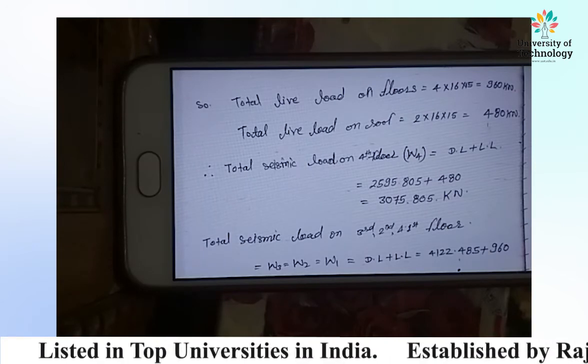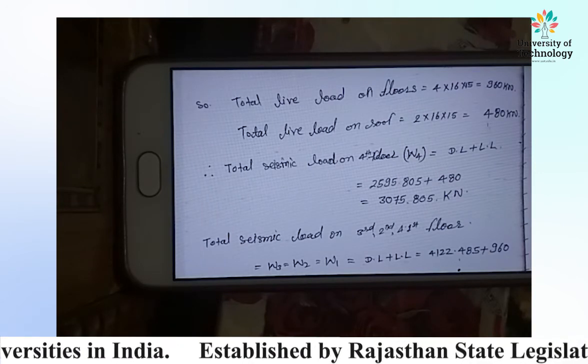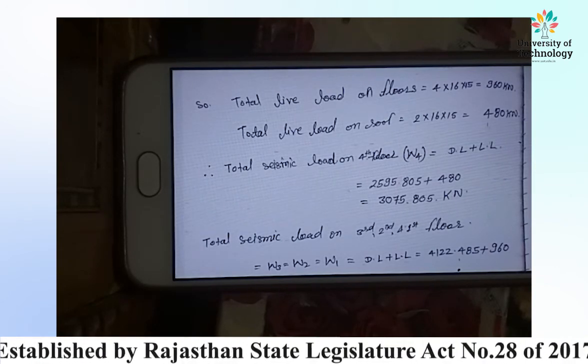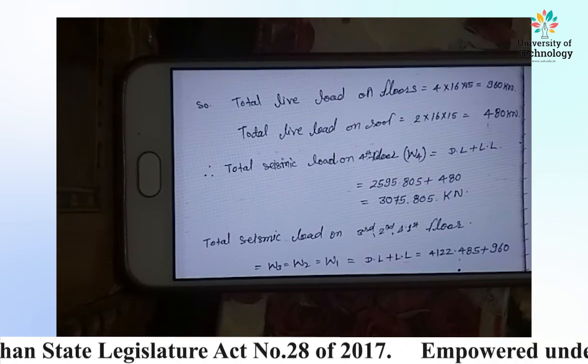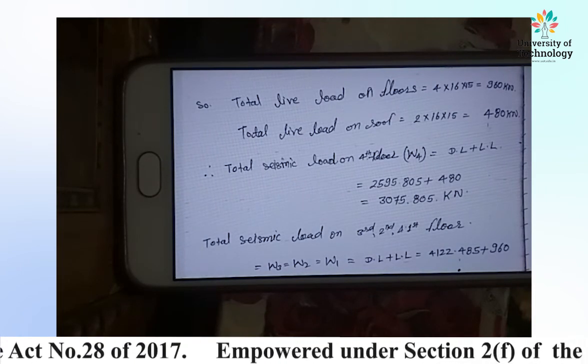So total seismic load on fourth floor, W4, equals dead load plus live load, 2595.805 plus 480.